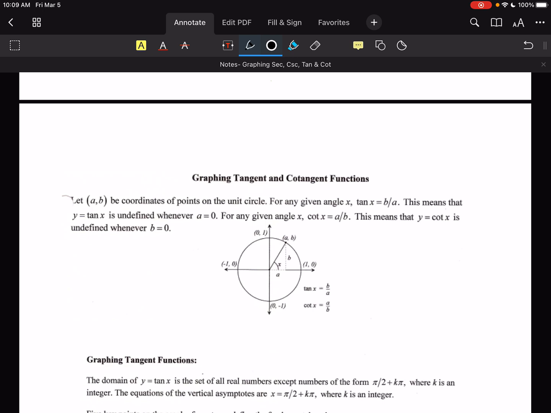They do have similarities, and we'll talk some about those in class, and we'll go into much more detail on dealing with phase shifts and things like that for tangent and cotangent, because it is a little bit different. So in this video, we're mainly going to focus on building and identifying the parent graph and the unique features with tangent and cotangent graphs.